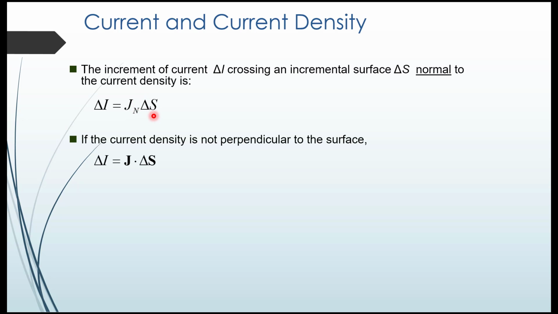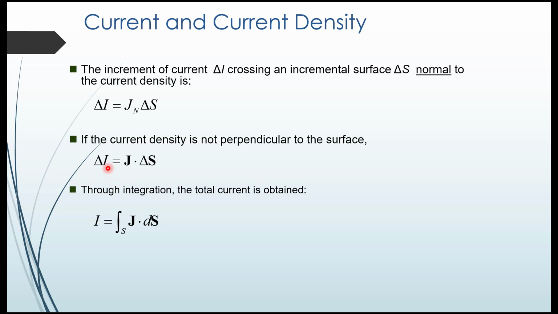Jn is a normal component, and delta S is a vector quantity, surface area, which also has a normal component. So if the current density is not perpendicular to the surface, meaning current is not passing exactly perpendicular to the surface, then the incremental current is given by J dot delta S. We have to take the dot product, because in a dot product we always consider the perpendicular components.